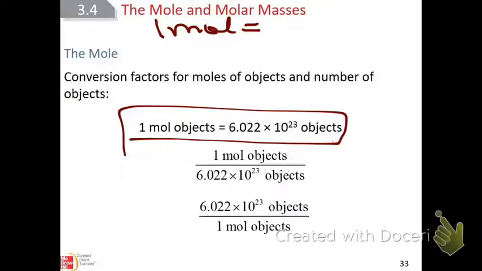Also, that 1 mole is equal to a molar mass, which we're about to get to. And I'm also going to ask you to learn very soon that 1 mole of anything is equal to 22.4 liters for gases. And we're going to talk about that later as well.